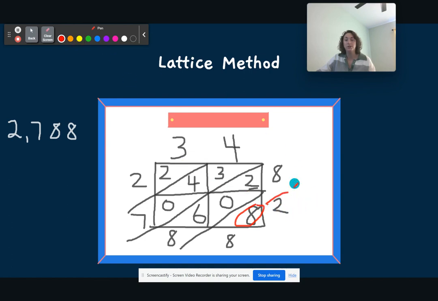This one here is the tens, as you can see in our answer. This one is our hundreds place. And this one on top here, of course, is our thousands place.